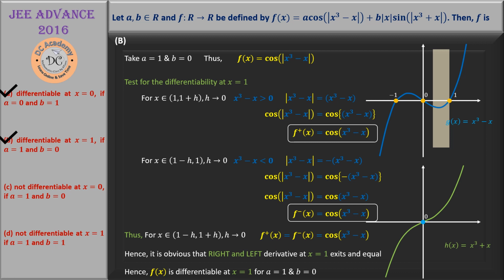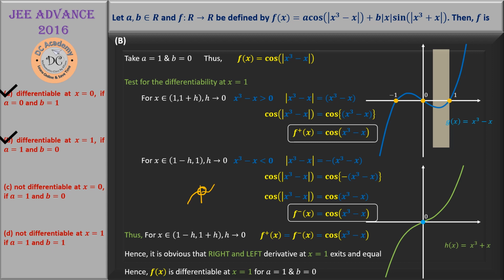Now see that here we are achieving this right and left derivative equality by stating that the function is equal. What that means is that near the point 1, whatever the function definition on the left hand side, it will be the same definition on the right hand side. So if I take the derivative at that particular point, I will definitely get the same derivative.